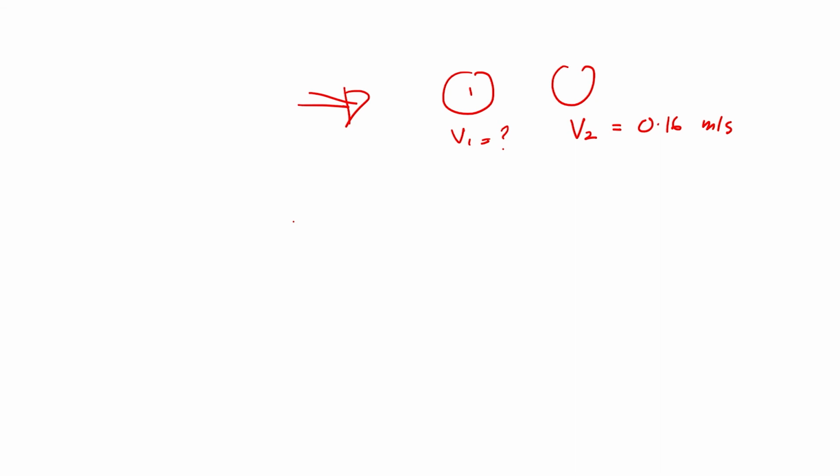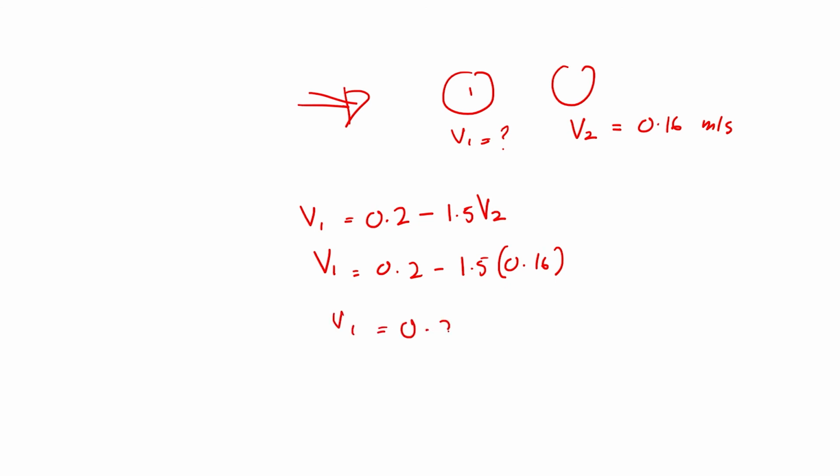From equation number 1, V1 equals 0.2 minus 1.5 V2, and we substitute the value of V2. So V1 equals 0.2 minus 1.5 times 0.16. So V1 equals negative 0.04 meters per second. Done.